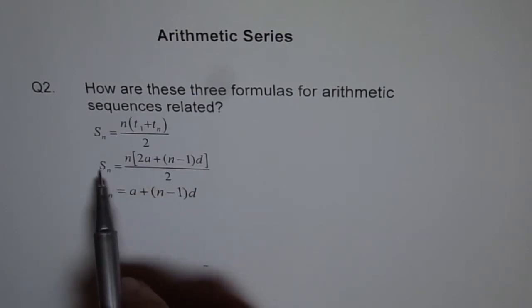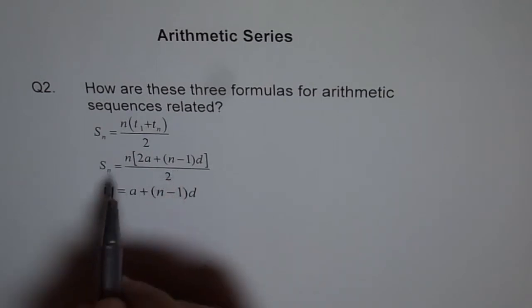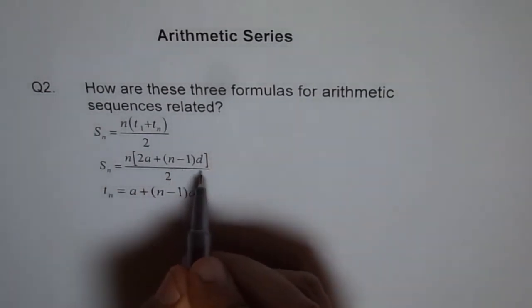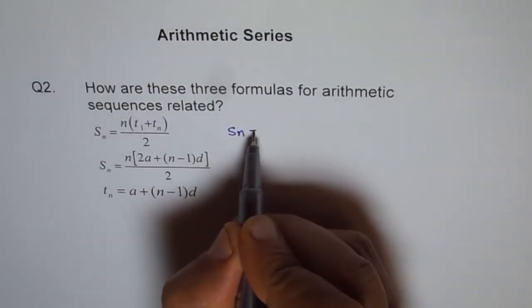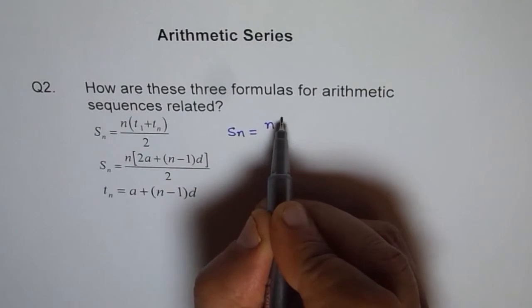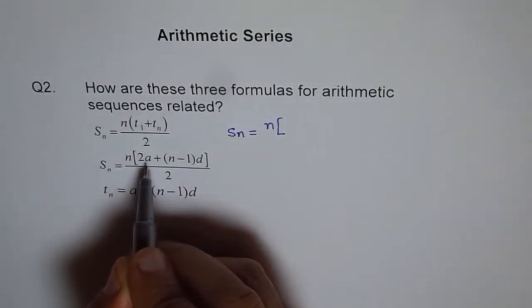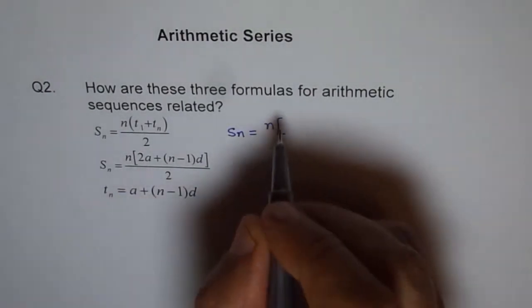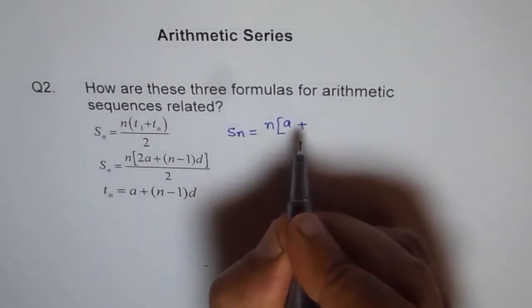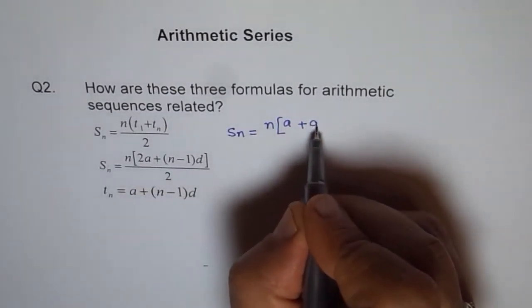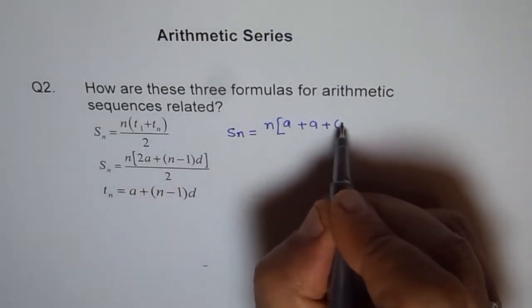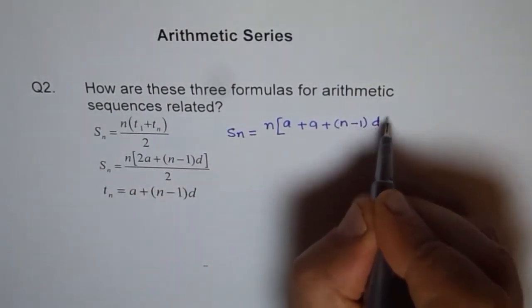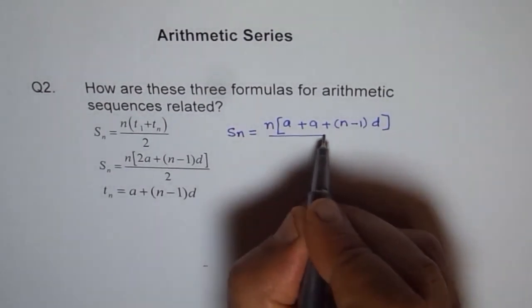Let's split this formula Sn, the second one. I'll rewrite this formula. So I say Sn equals n times (2a plus (n minus 1)d) divided by 2. I'm writing 2a as a plus a. So Sn equals n times (a plus a plus (n minus 1)d) divided by 2.